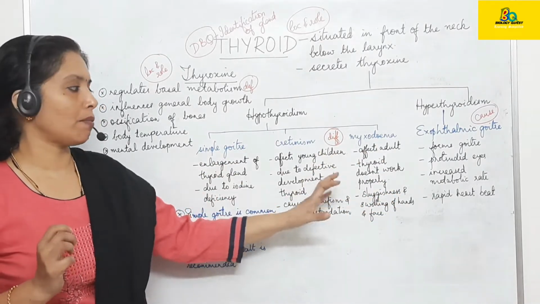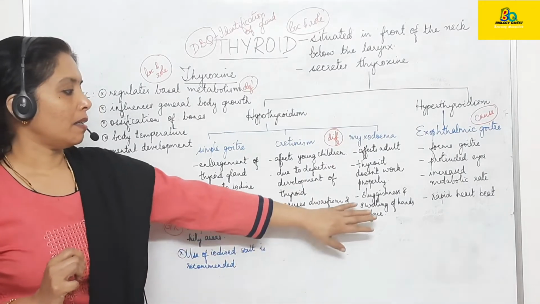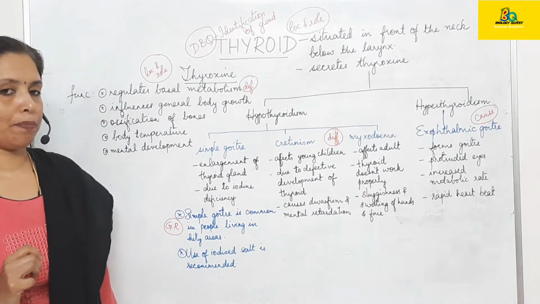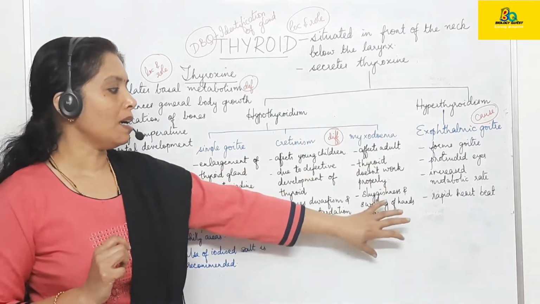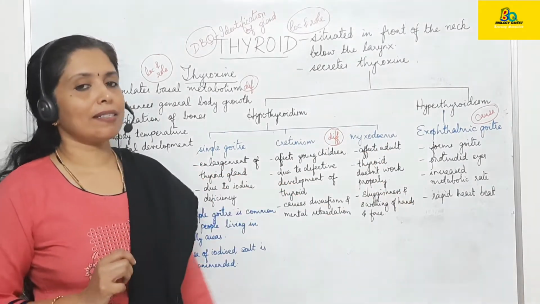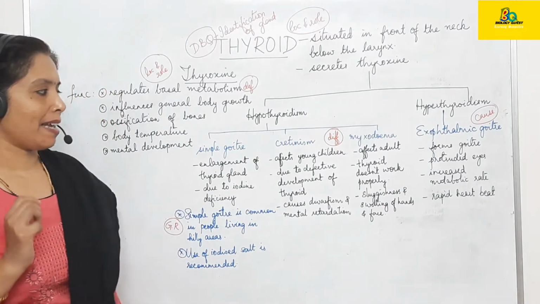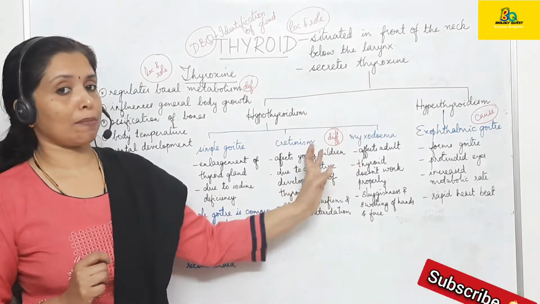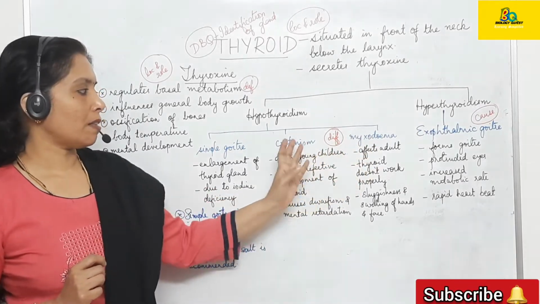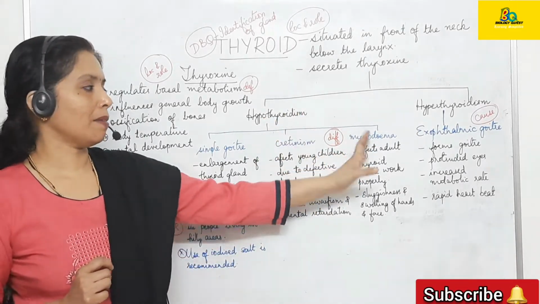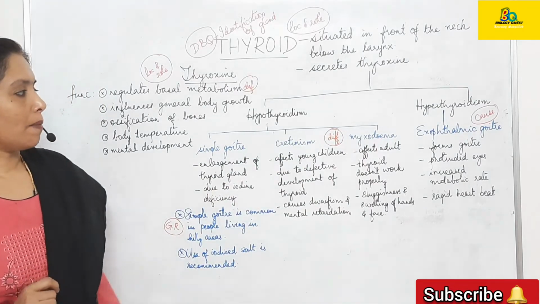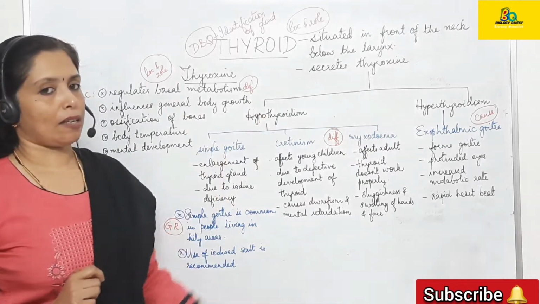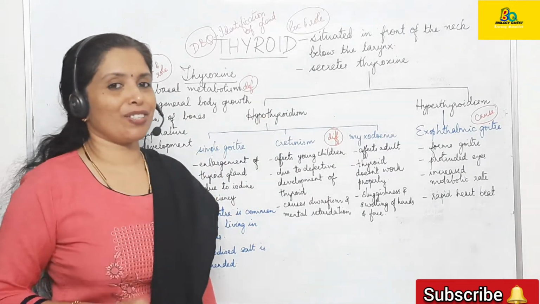The gland doesn't work properly, and it results in sluggishness and swelling of hands and feet. So a person suffering from myxedema shows sluggishness and swelling of face and hands. So you can expect a differentiation type question from this. Okay, so these are the three conditions caused due to hypothyroidism or under secretion of thyroxine.